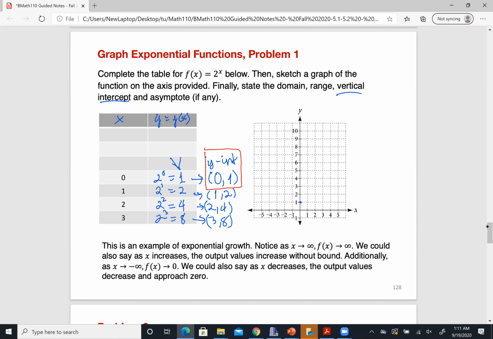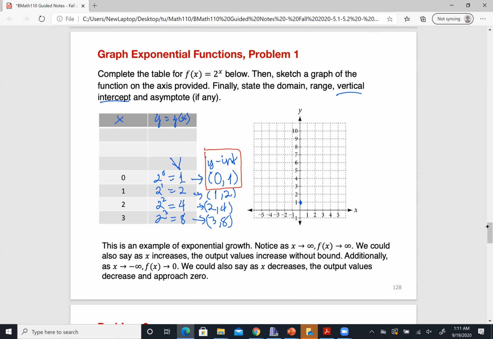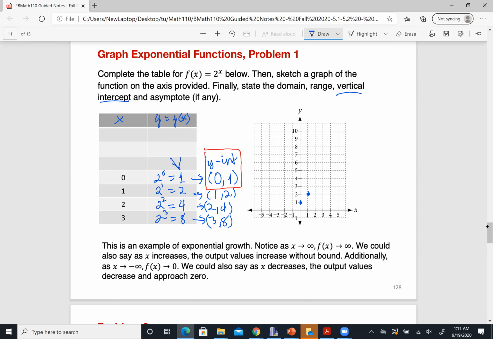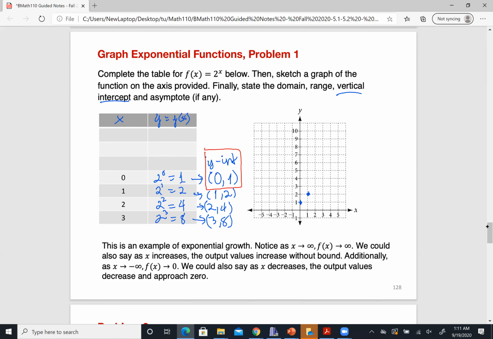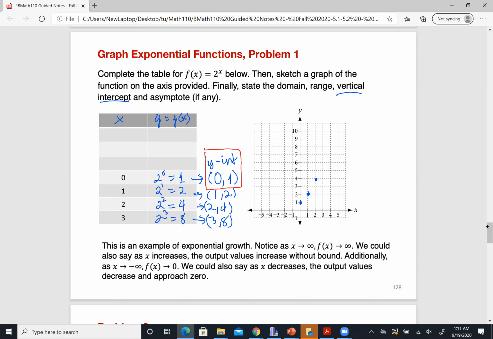So it should be 1, and then 1, 2. Okay. And then 2, 4. What else? Say 3 and 8. Okay.